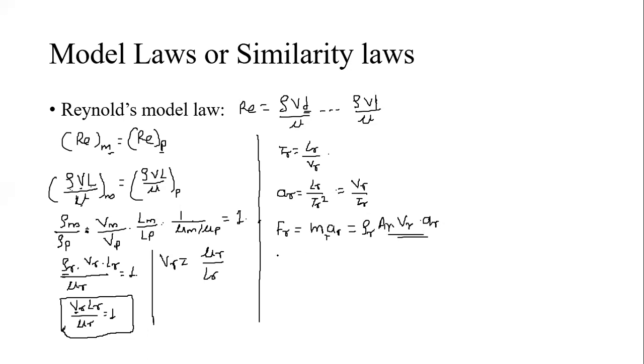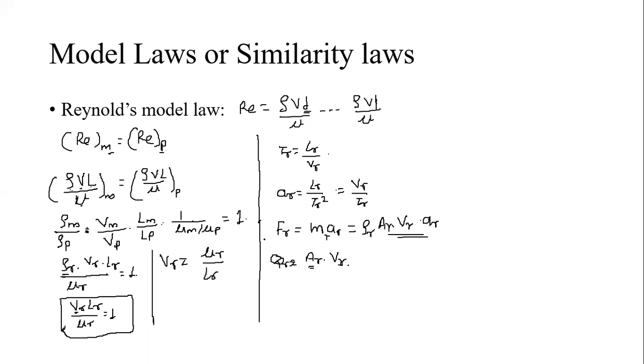And for the discharge scale ratio, Qr will be area into velocity. It is the area scale ratio into the velocity scale ratio. Those are the various ratios we can say as per the Reynolds model law.